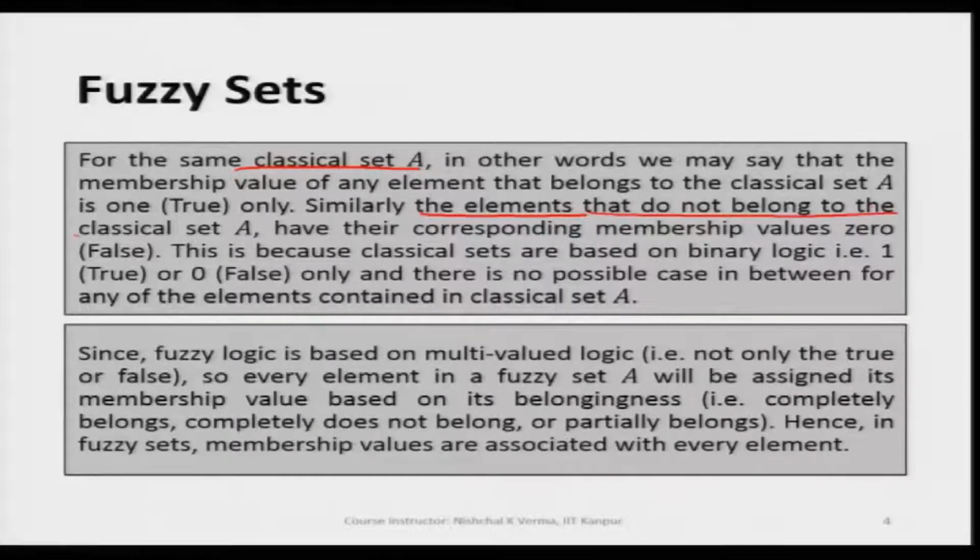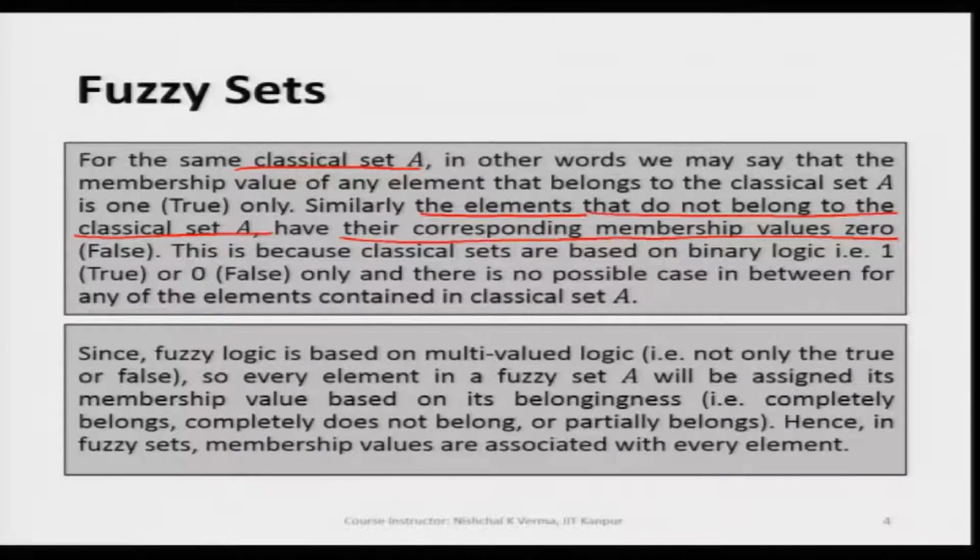So, now if we look at this set again, the elements that do not belong to the classical set A have their corresponding membership value 0, of course, because the conventional set is based on Boolean logic. So, any element which is present will have 100% presence, and any element which is not present will have 100% absence.